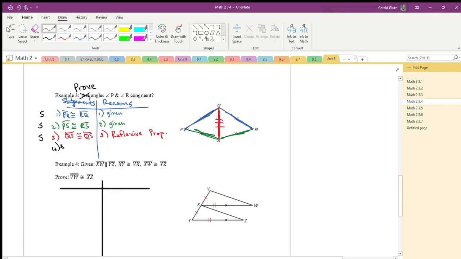So triangle PQS is congruent to triangle RQS. That's a triangle. So now I'll write the reason is side, side, side postulate.